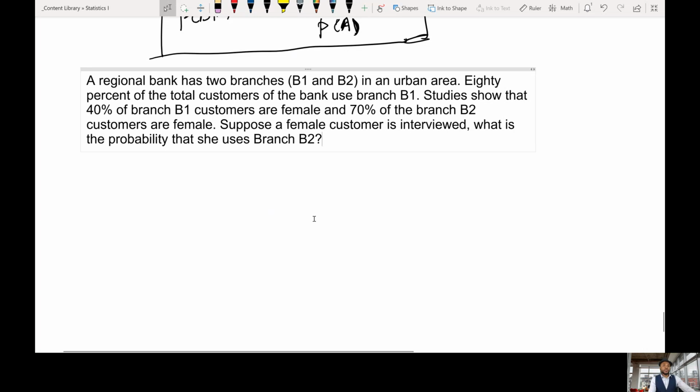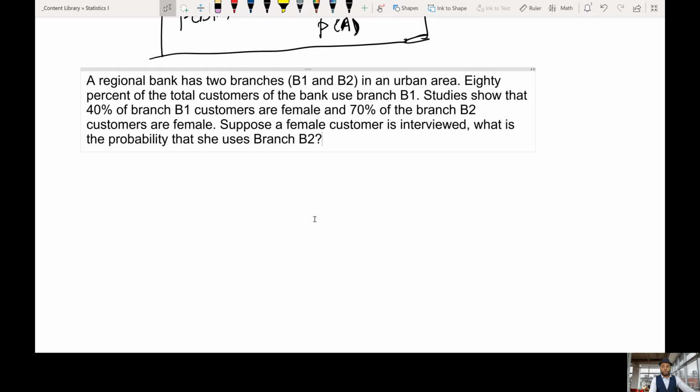Studies show that 40% of branch B1 customers are female and 70% of branch B2 customers are female. Suppose a female customer is interviewed. What is the probability that she uses branch B2?